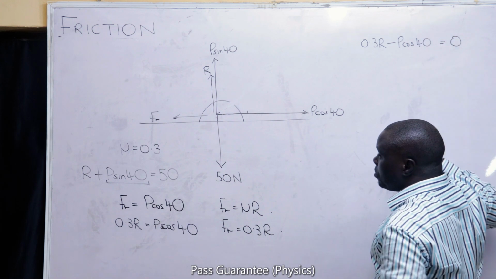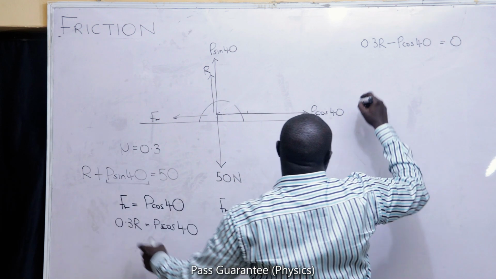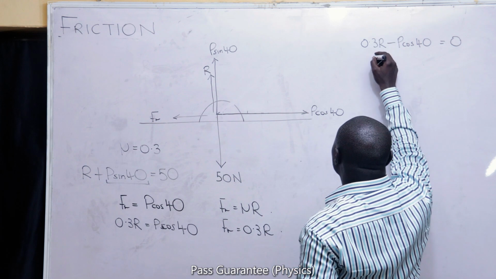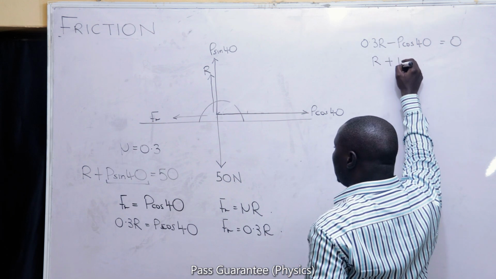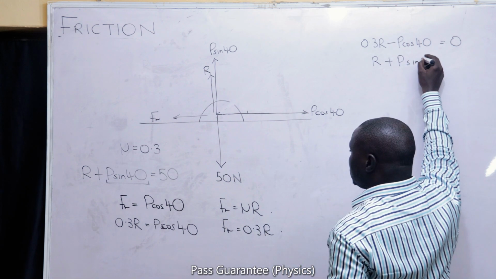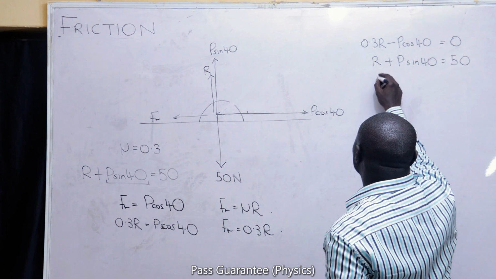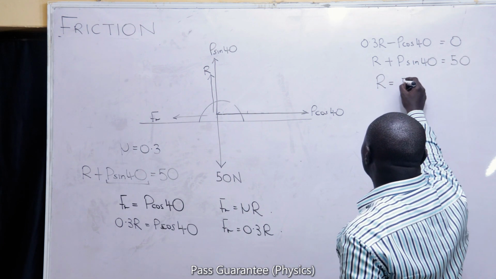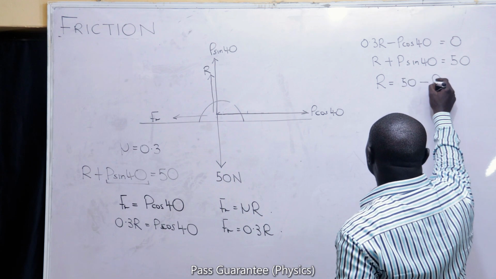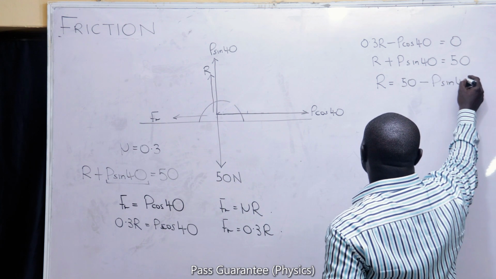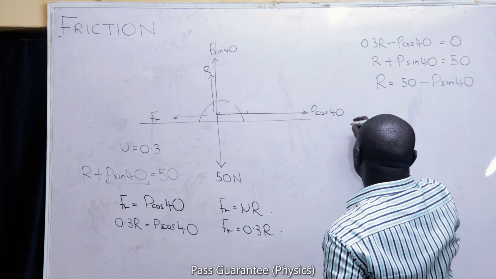I can now solve it simultaneously with the first equation that I have, which is R plus P sin 40 is equal to 50. I can directly make R the subject of the formula here. That will be 50 minus P sin 40. If that is the case, I can now substitute for R in this equation.